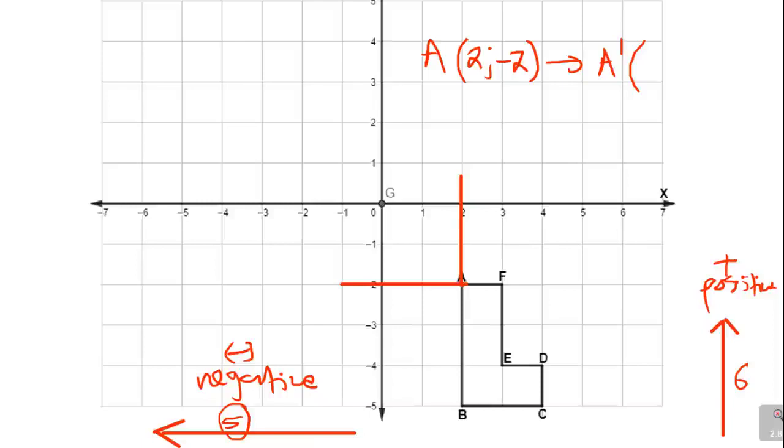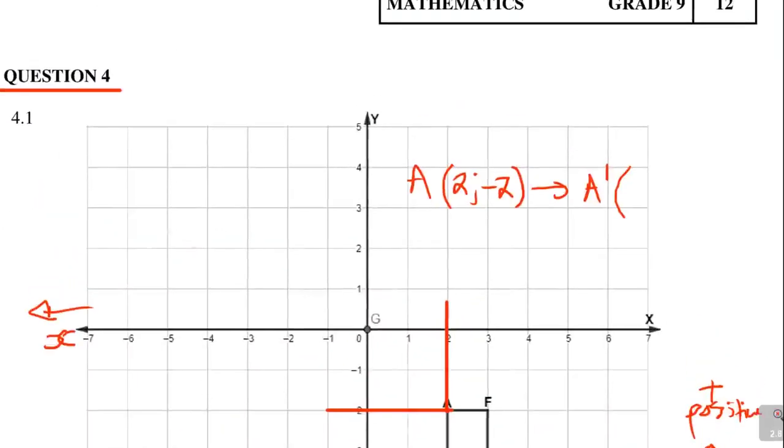In this case, 5 units to the left is our x-axis. To the left, this direction is the x. Upwards, we have the y-axis. So this is your x and this is your y. I'm just going to do the first one, then the other ones are going to be easy.